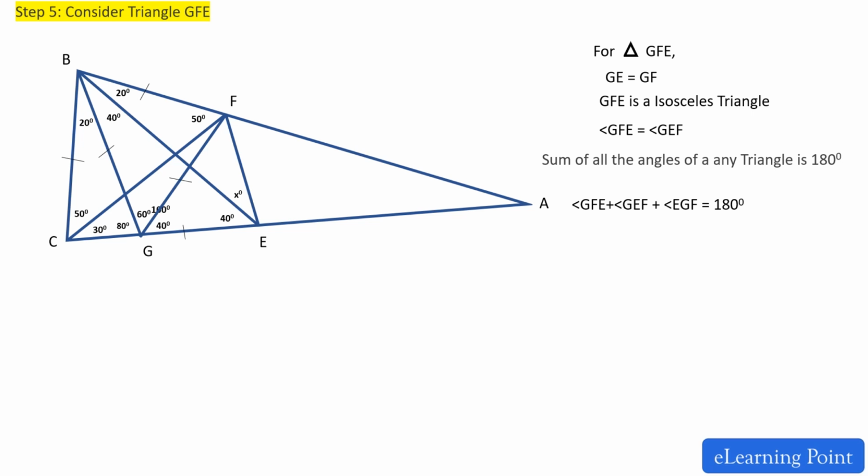So angle GFE plus angle GEF plus angle FGE equals 180 degrees. As the two angles are equal, 2 times angle GFE plus 40 degrees equals 180 degrees. So angle GFE equals angle GEF equals 70 degrees. We have shown that angle as 70 degrees.